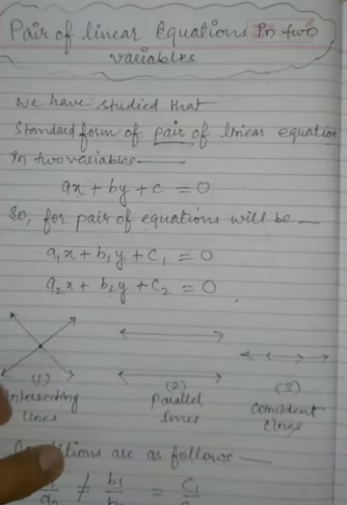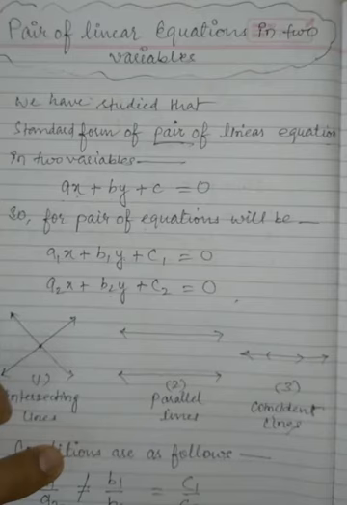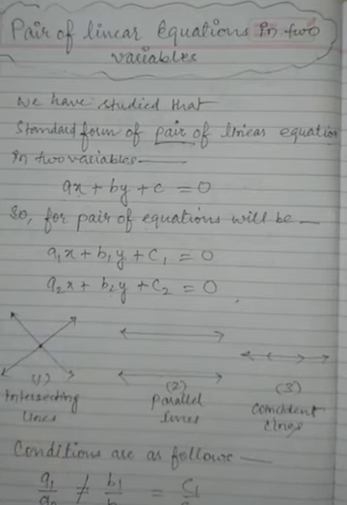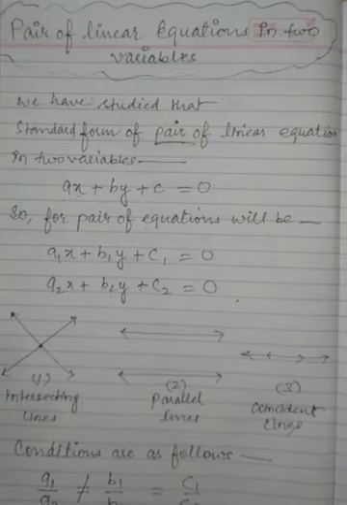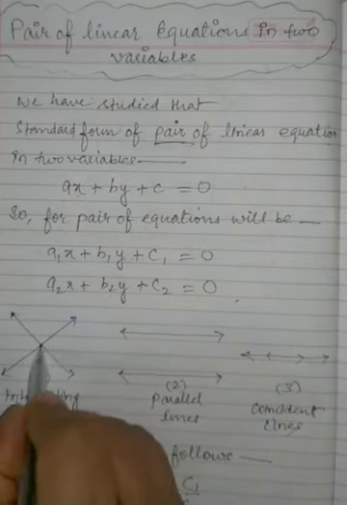This means that we will be having here unique solution. Unique solution means we will be having a unique value of x and a unique value of y. Single value of x and y. And no other values will be possible. This is the meaning of the unique solution. Only one value of x and y will satisfy this point of equation.